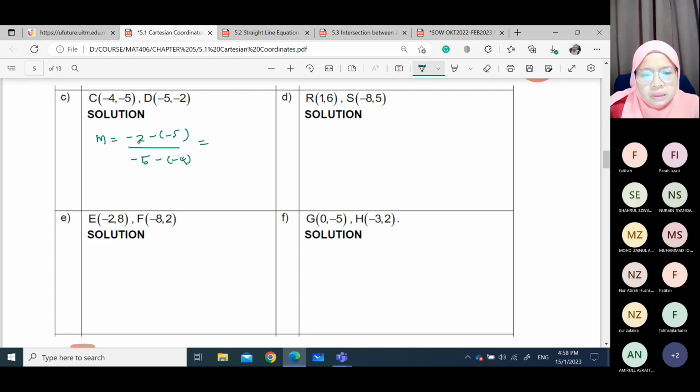Negative 2 minus negative becomes plus, so negative 2 plus 5 gives 3. Over negative 5 minus negative 4, we have negative 1. Therefore the gradient between these 2 points is negative 3. Did you get negative 3?